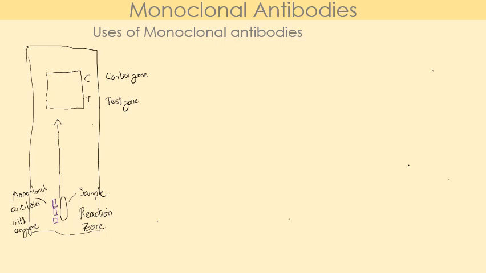So we have some more monoclonal antibodies, and these have a dye attached to them. If the two monoclonal antibodies bind to each other, which they will do if they've been carried up by the sample, the enzyme will cause the dye to appear.